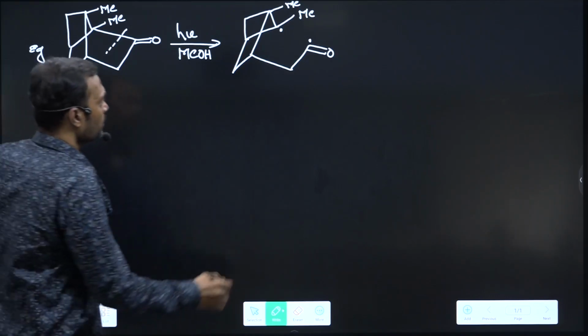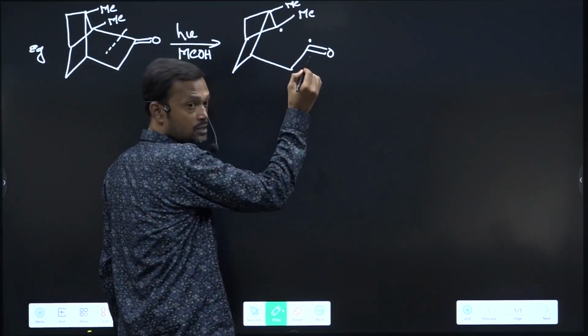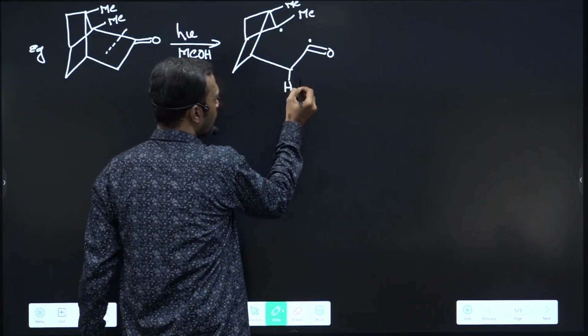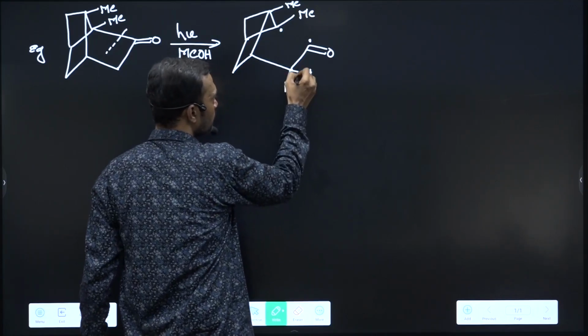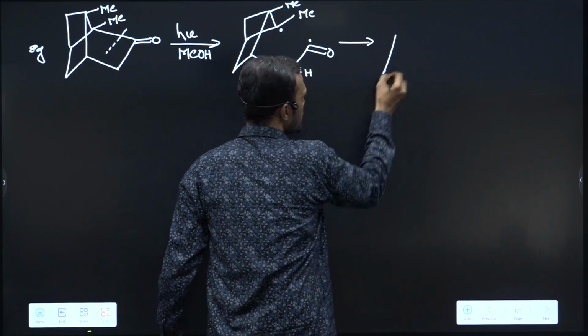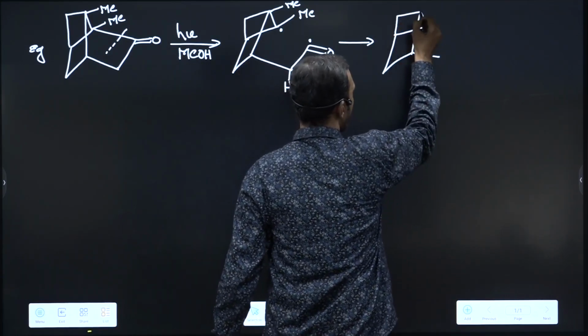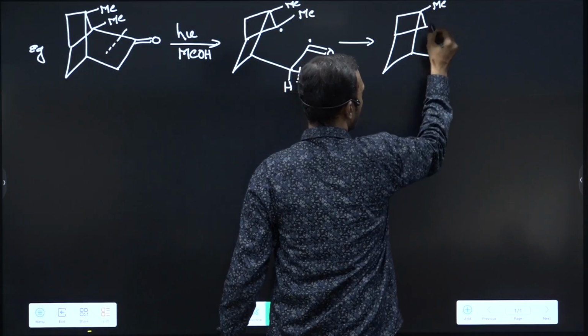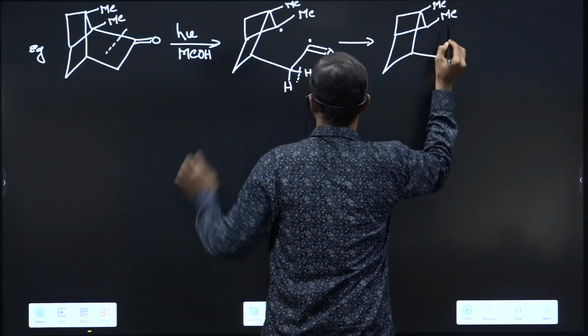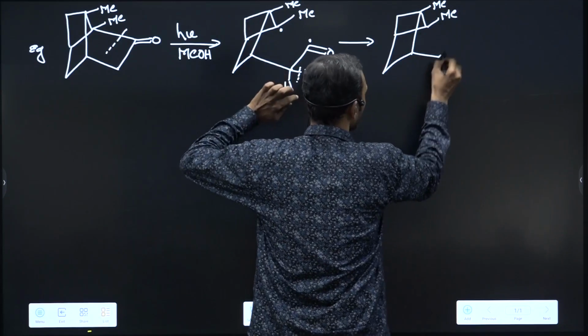So in this one what happens, see, don't write carbene intermediate. Now hydrogen transfer takes place from here. So when hydrogen transfer takes place, here this is methyl and here methyl. This hydrogen comes from here to here.